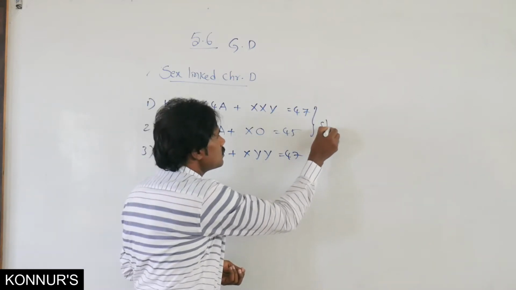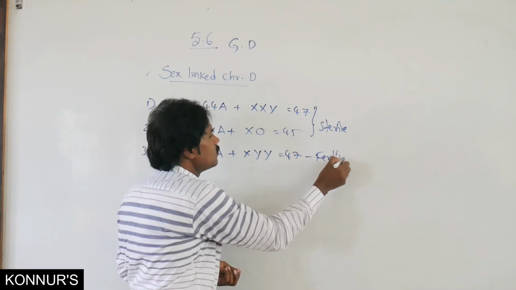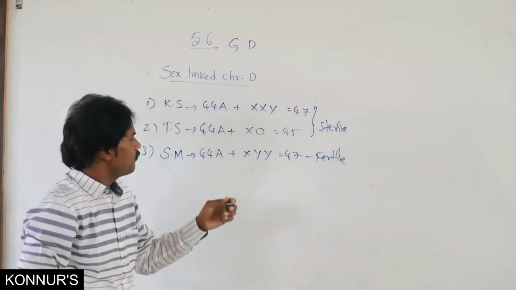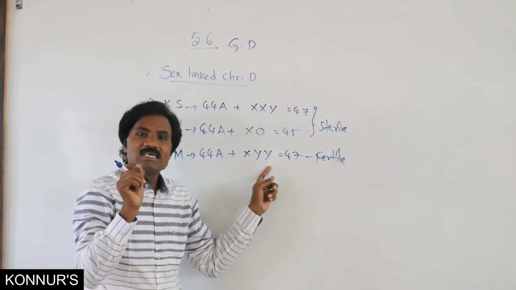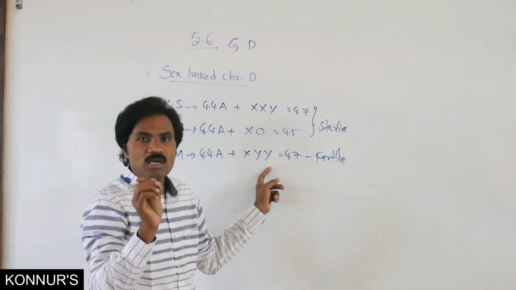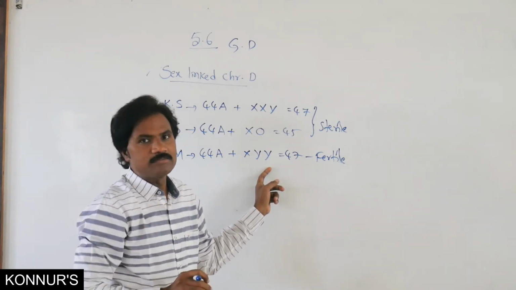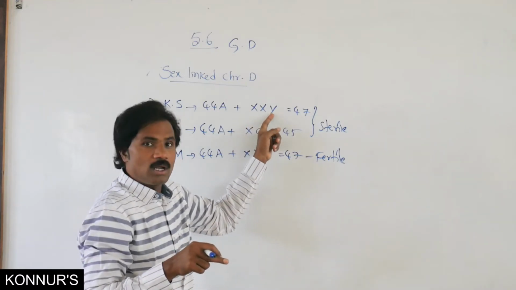Both the previous ones are sterile, but this is the fertile one. This XYY, otherwise we call Jacobs syndrome or the criminal syndrome. Maybe in the last class I said XXY we call Jacobs.